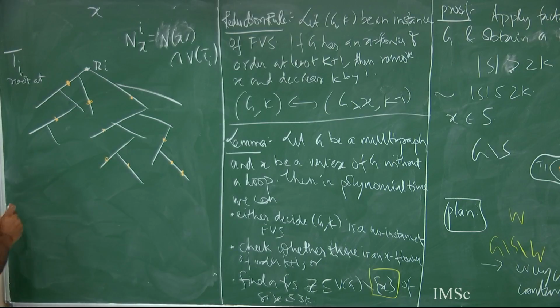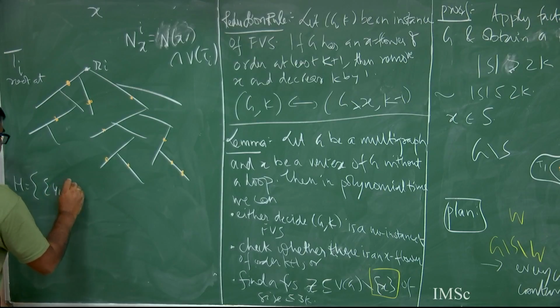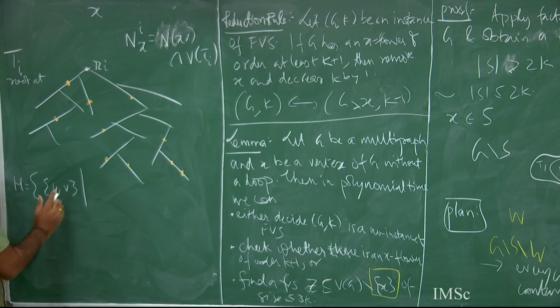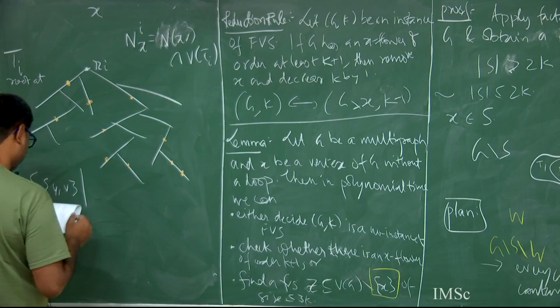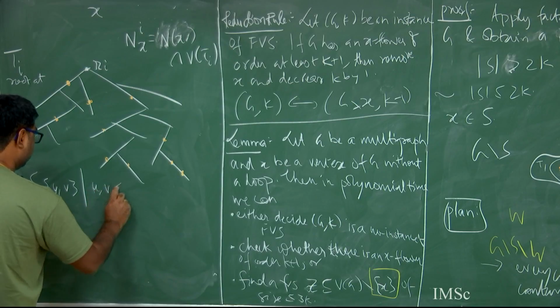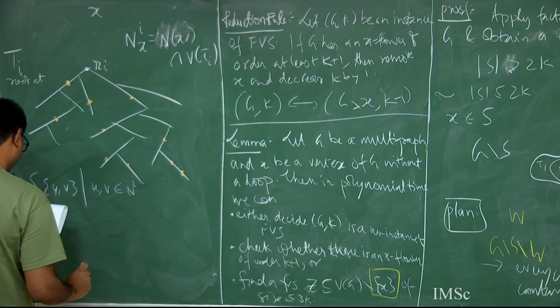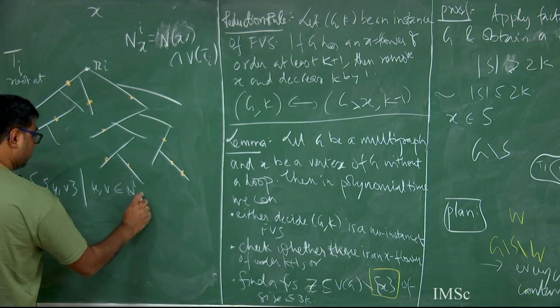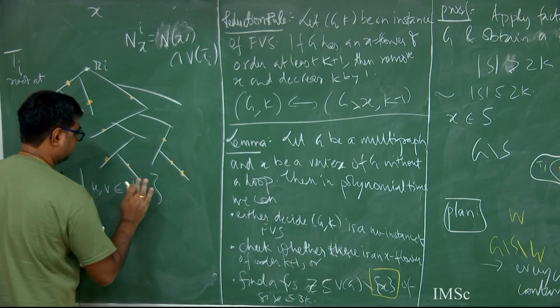Okay. Now I'm going to make H. There are some clever tricks here. H is basically pairs u comma v, where u comma v is in Ni of x.